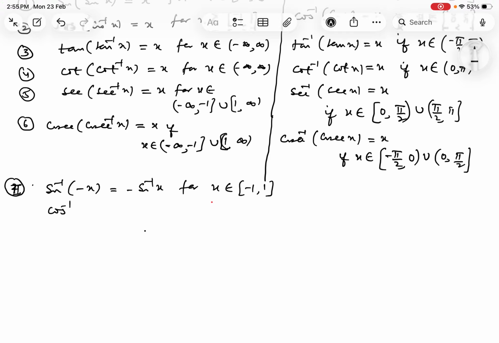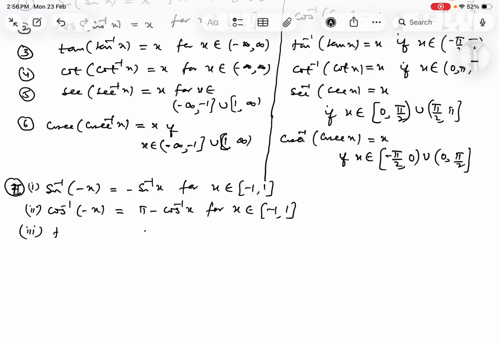Cos inverse of minus x is equal to pi minus cos inverse x for x belonging to closed interval minus 1 to plus 1.